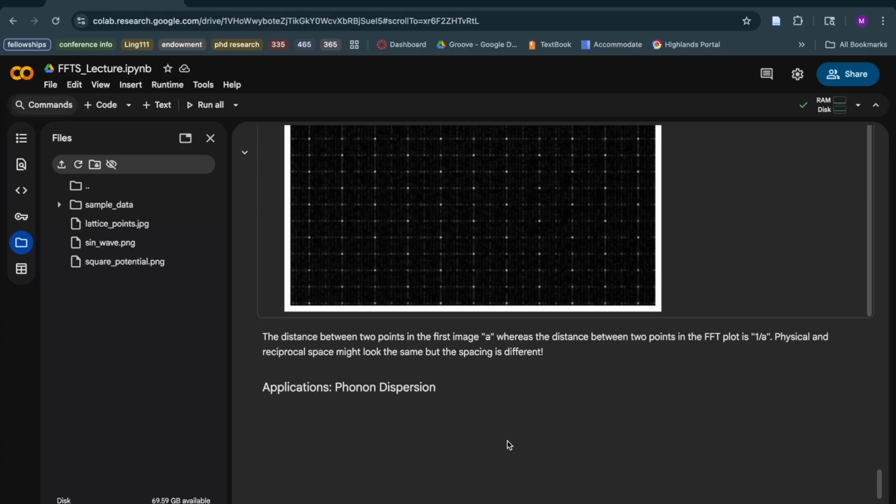Particularly for phonon dispersions, when phonons are causing disruptions in a lattice, one way to study them is to look at the phonon frequencies. And in order to get those phonon frequencies, you need to use fast Fourier transforms. I know this sounds a bit abstract.